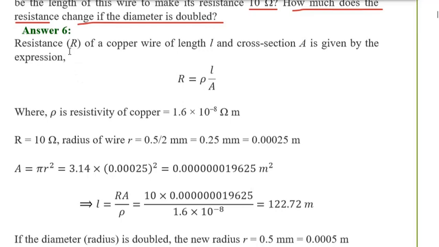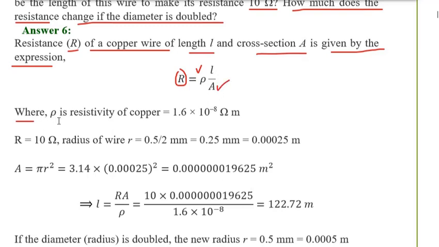Suppose this is the resistance R of a copper wire of length L and cross section A. It is given by the expression R equal to rho L by A, where rho is a constant, the resistivity of the copper, L is the length of the conductor and A is the cross-sectional area of the conductor.